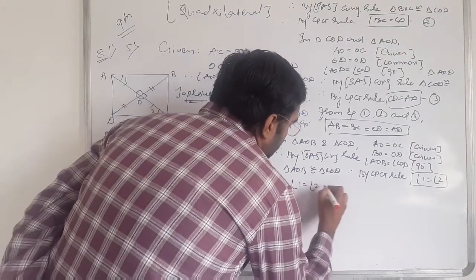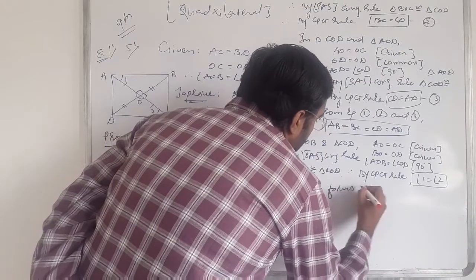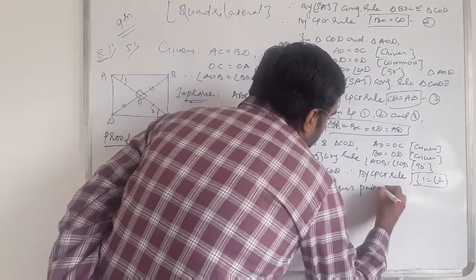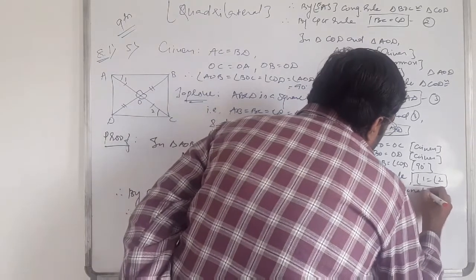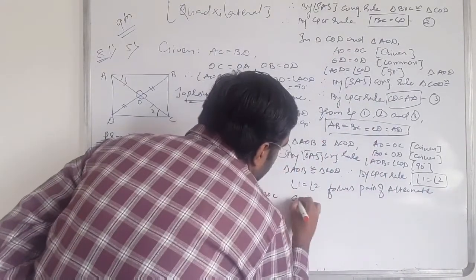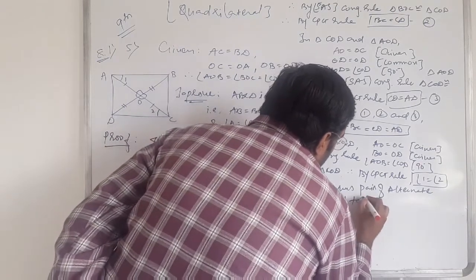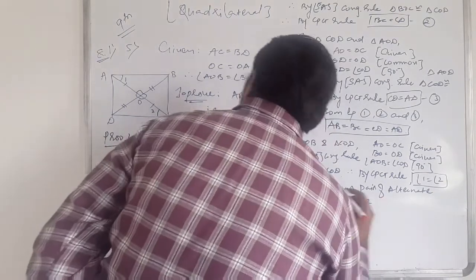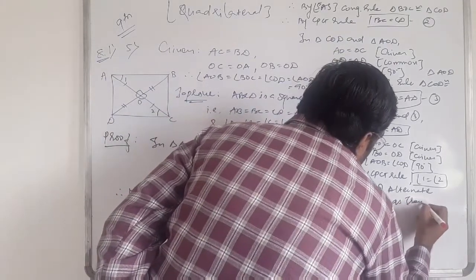Angle 1 is equal to angle 2, which forms a pair of alternate angles, and we take AC as transversal.